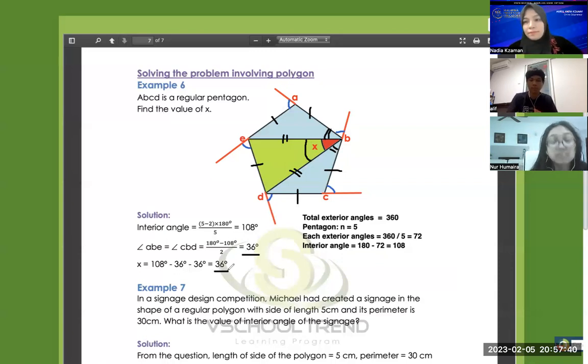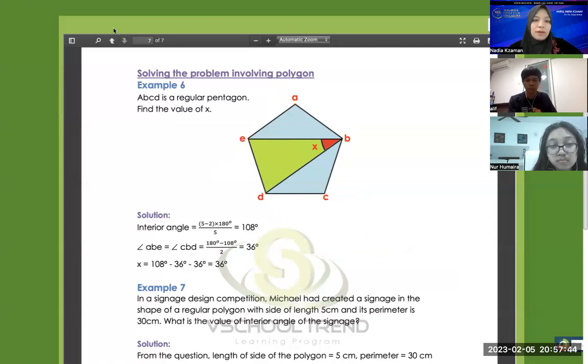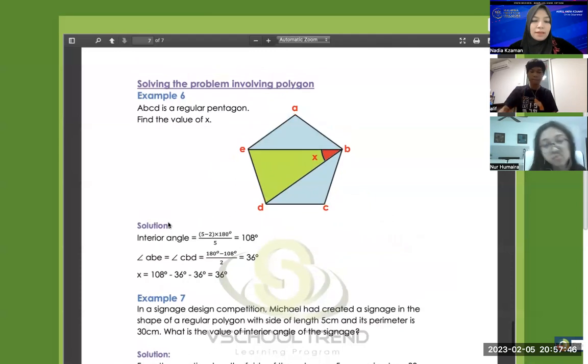Okay? Yeah. So now let us see example 7. In a signage design competition, Michael created a signage in the shape of a regular polygon with sides of length 5 cm and its perimeter is 30 cm. What is the value of the interior angle of the signage?